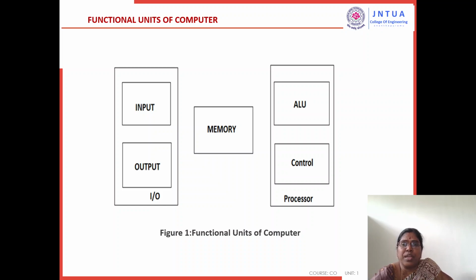Arithmetical operations are nothing but addition, subtraction, multiplication, and division. Which arithmetical operation the processor wants to execute is represented by the control unit, meaning we want to control the information.